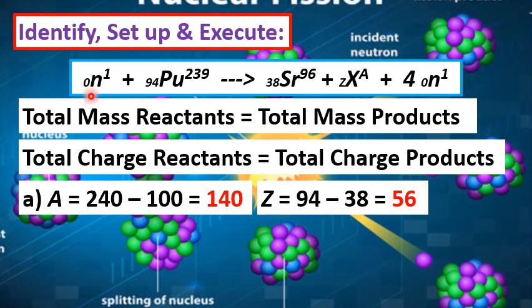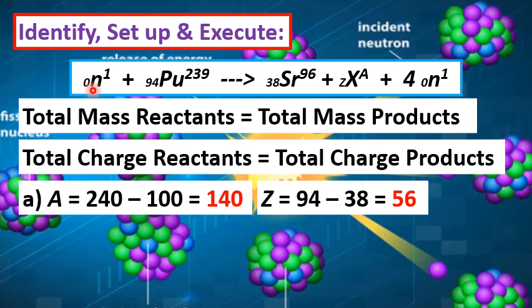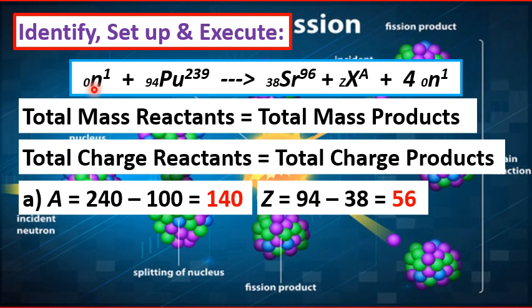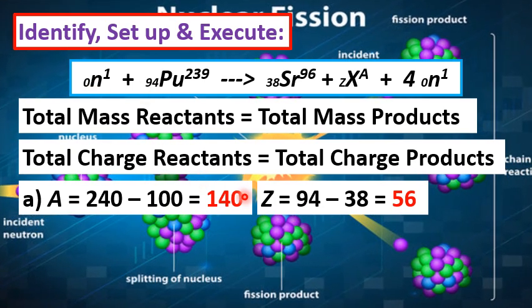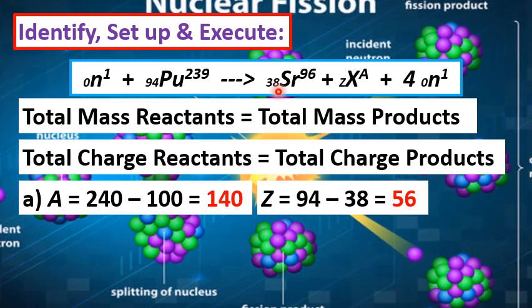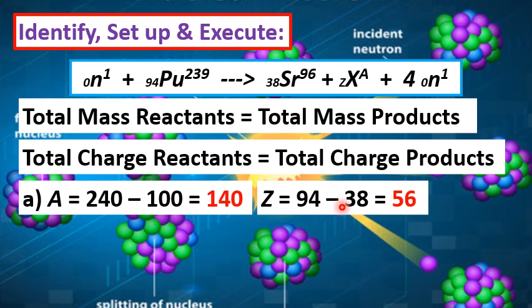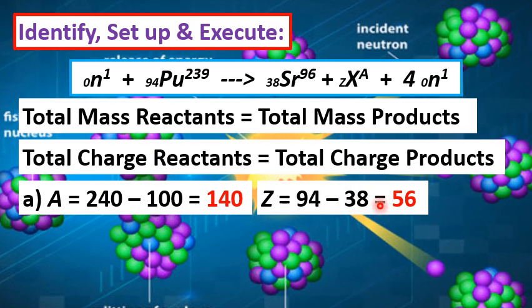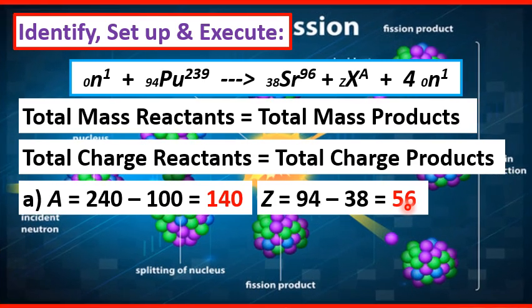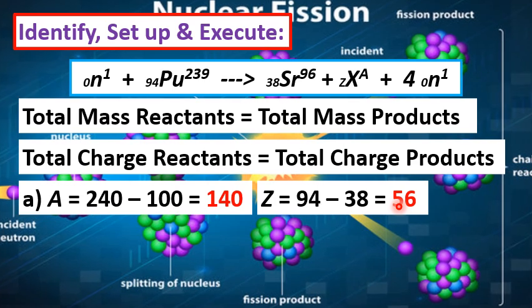And that of neutron, the number 0 here means that it is a neutral particle, so it has no electric charge, right? And for strontium, the atomic number is 38. So if we deduct 38 from 94, of course, we get 56. That means the atomic number of the unknown element X must be 56.